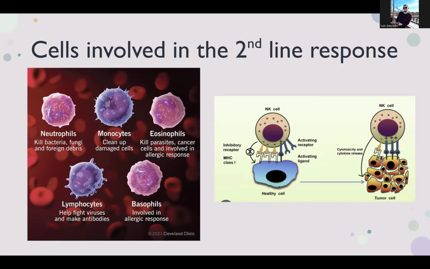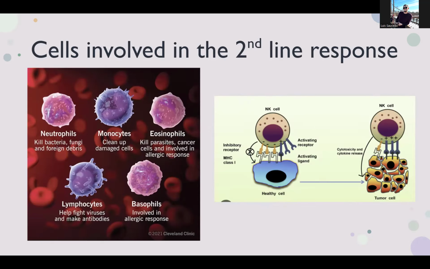Okay, so if for some reason this microbe's able to get through our first line of defense, the second line of defense is where your white blood cells start getting involved. Primarily for your second line response, you have the neutrophils, monocytes, eosinophils, and basophils. And then you also have your NK cells or your hunter killer or natural killer cells, sorry.